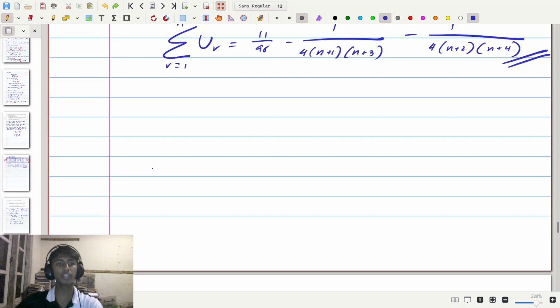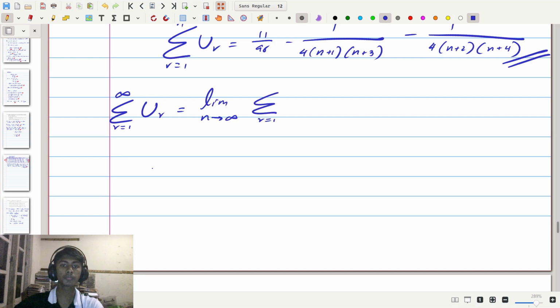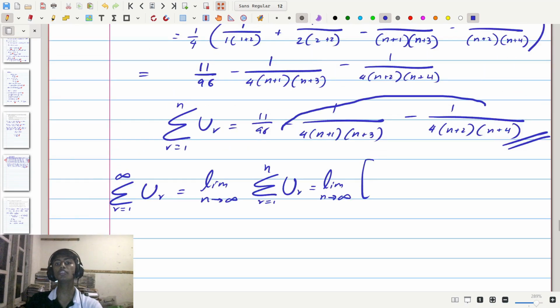So what we can do is say the sum from r equals 1 up to infinity, for integer values of course, of u of r is equal to the limit as n approaches infinity of the sum of terms from r equals 1 up to n of u of r, which is equal to the limit as n approaches infinity of the expression for this sum, which is this expression right here.